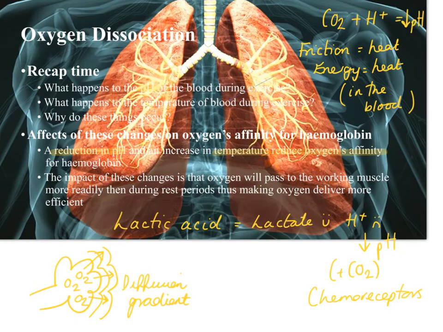So this is great news for us. So what happens is oxygen's affinity for hemoglobin reduces. The impact of these changes is that oxygen will pass to the working muscle more readily than during rest periods, thus making oxygen delivery more efficient.